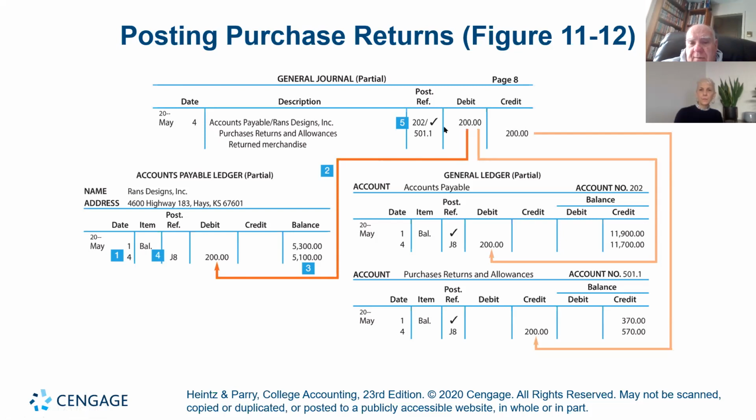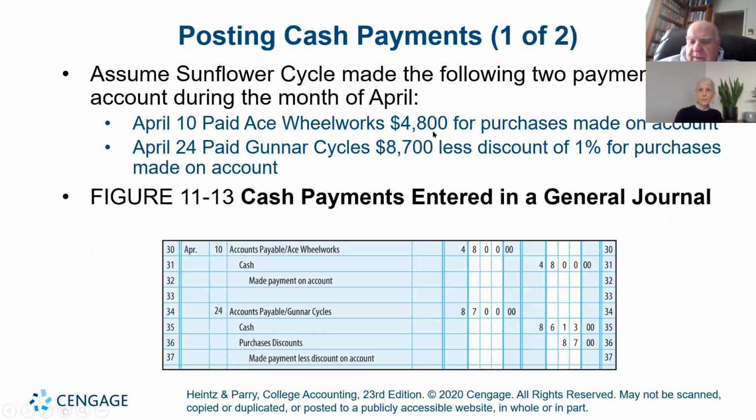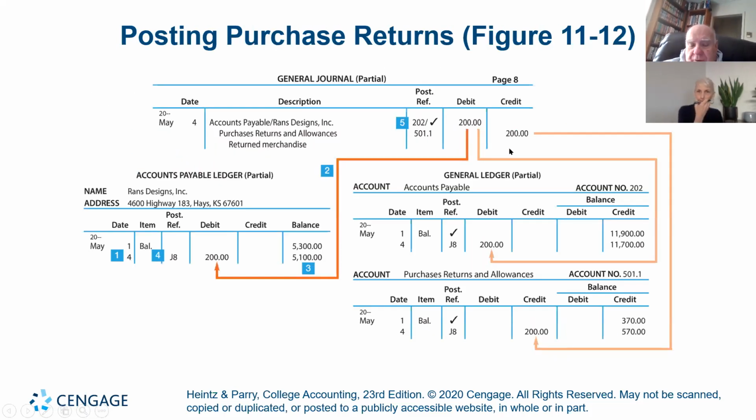We reduce accounts payable with a debit, and we bring it over to the general ledger. There's a debit there, and there's our credit. But we also must bring it over to Rand's Design. They had a balance of 5,300. After we return this merchandise, the balance is only 5,100.